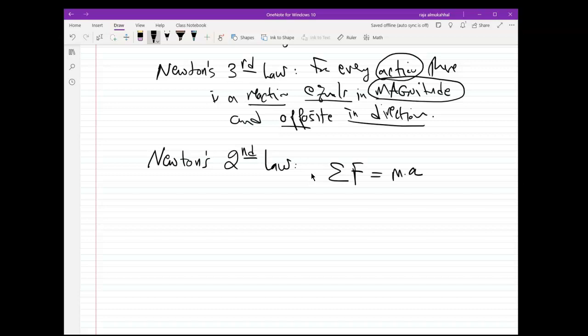So if I have several forces on an object, the sum of the forces, as a result of these forces, what will happen is that the object is going to move in an accelerated motion, and what we call the kinetic reaction. Okay, that's basically the second law.